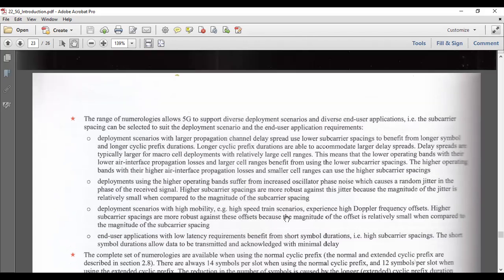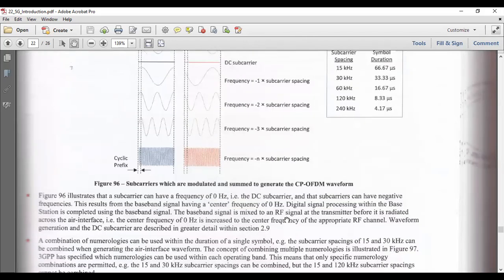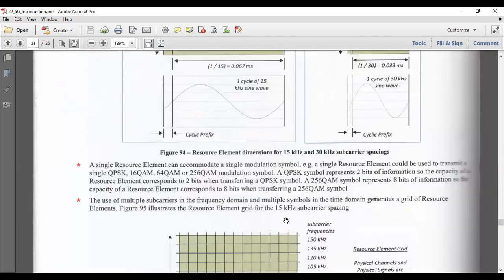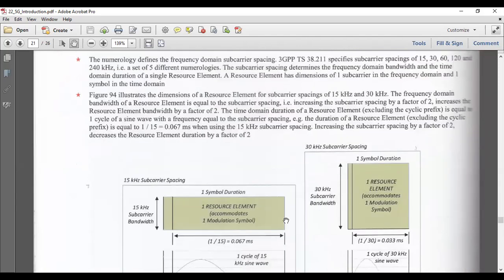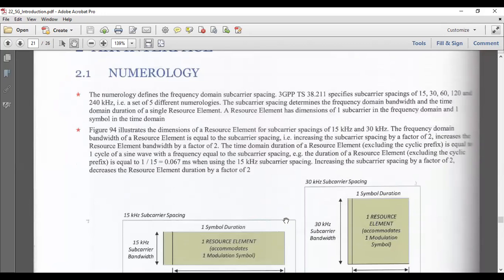That's not the case, because in the time domain, the symbol period has to be 1 over delta f. If it is 15 kilohertz, then the duration in the time domain has to be 1 over 15k, so 0.067 milliseconds. If you use 30 kilohertz, then it is 1 over 30k.